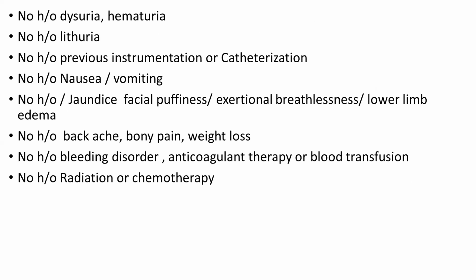No dysuria, no hematuria, no lithuria, no previous instrumentation, no history of jaundice, facial puffiness, exertional breathlessness, no lower limb edema, no backache, bony pain, weight loss, no bleeding disorders, not on anticoagulant therapy, no history of radiation or chemotherapy, no history of trauma.